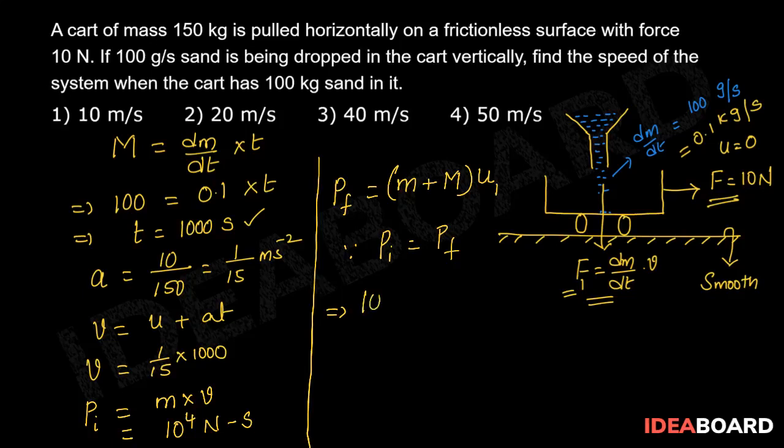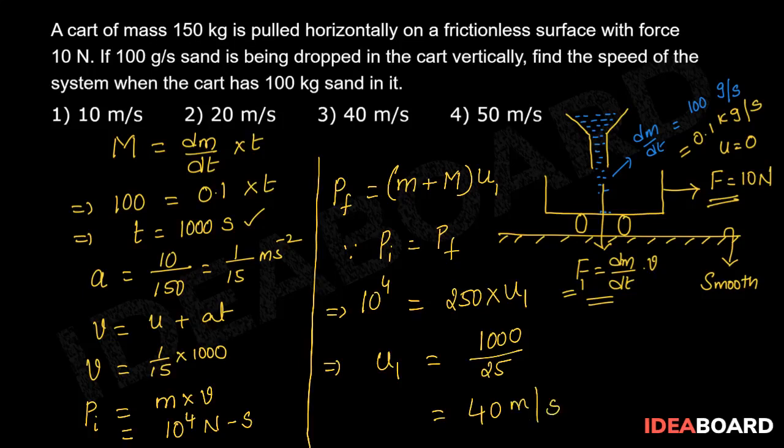So 10 power 4 is equal to 250 times u1. So this implies u1 is equal to 1000 upon 25, which is equal to 40 meter per second.